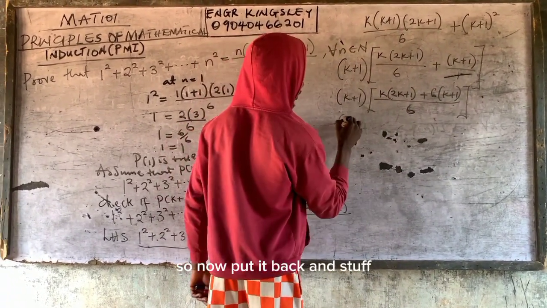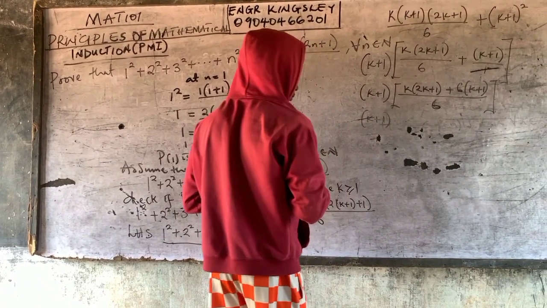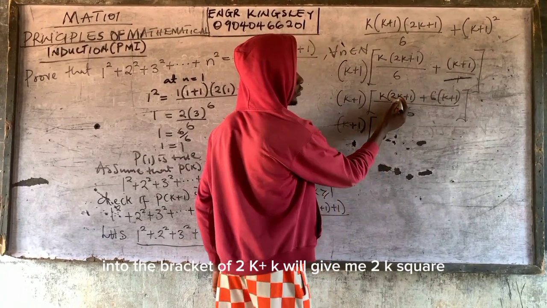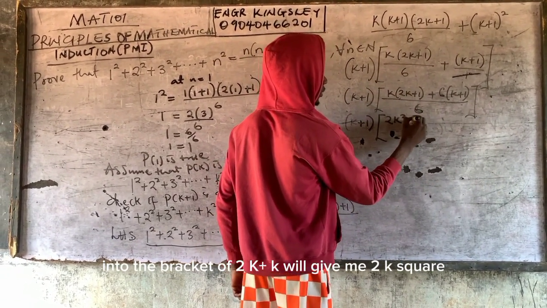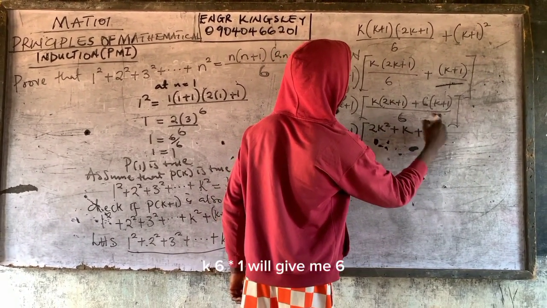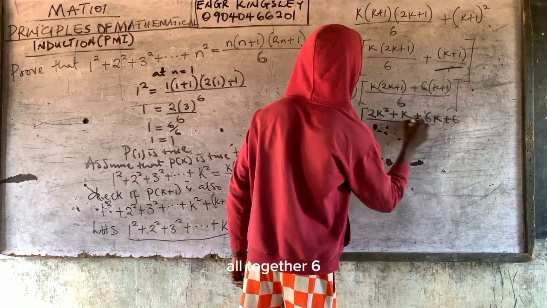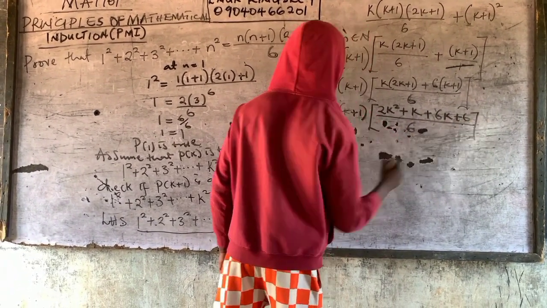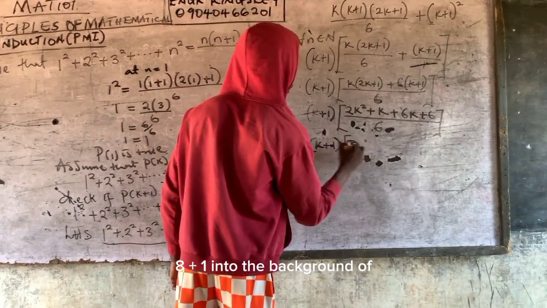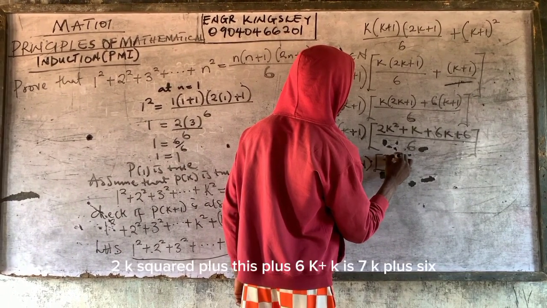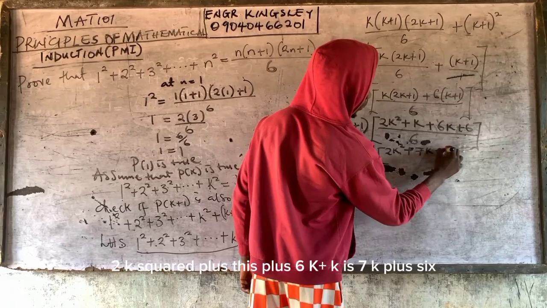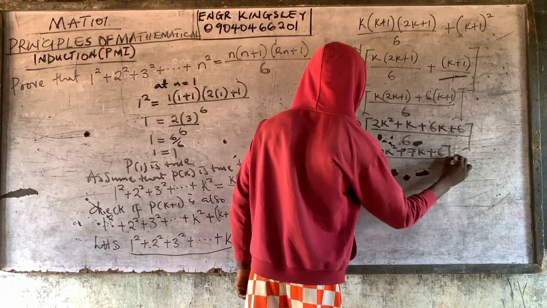So we now open the bracket to have k plus 1 here, k plus 1 here into the bracket of 2k plus k will give me 2k squared plus k plus 1 will give me k plus 6 times k is 6k, 6 times 1 will give me 6 all over 6. We have here to be k plus 1 into the bracket of 2k squared plus this plus 6k plus k is 7k plus 6 all over 6.